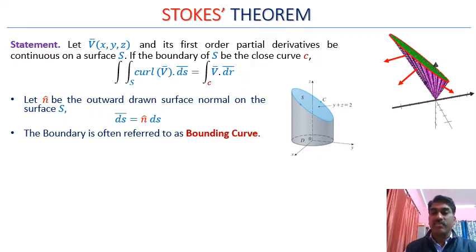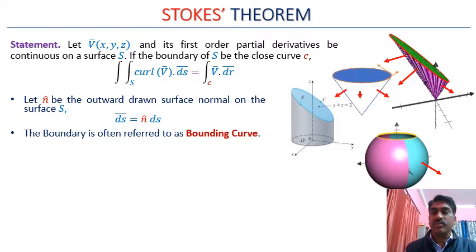The surface of the cylinder is in gray, and the part cut by the plane y plus z is equal to 2 is marked in blue. There is a sphere. The sphere is cut by a plane parallel to the xy plane, and the bounding curve is shown in yellow color. The unit normals at the spherical surface are shown in red color, and each point has its own unit normal.